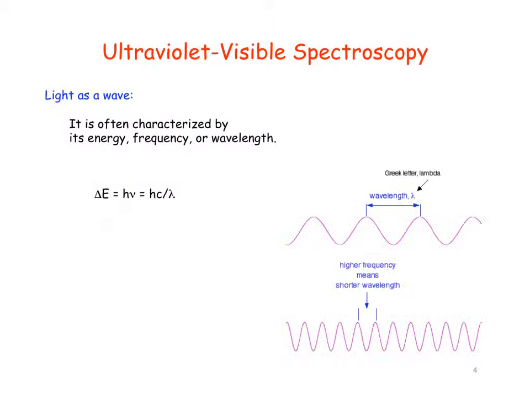As we've gone over a few times, we can treat light as a wave, and these are the equations we've used. There's a direct correlation between frequency and energy: the higher the frequency, the higher the energy. With wavelength we have an inverse relationship: the bigger the wavelength, the lower the energy, and the shorter the wavelength, the higher the energy.